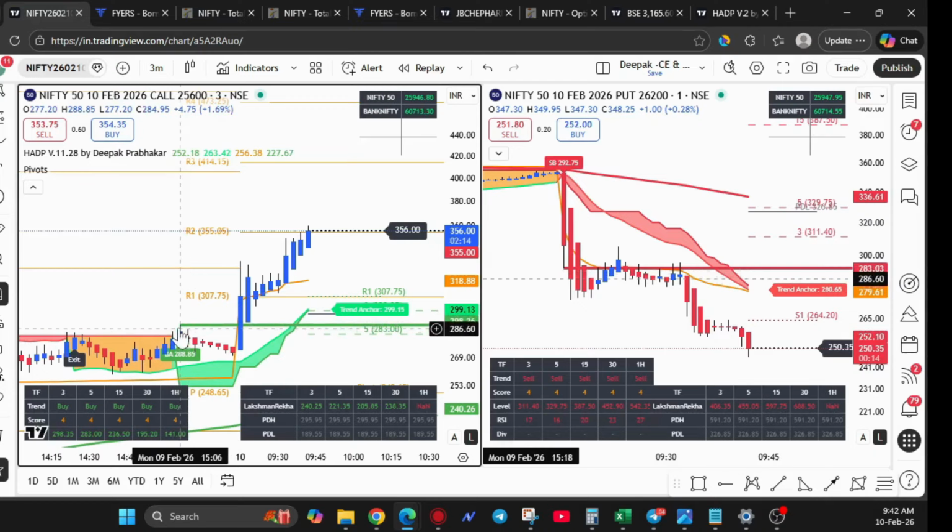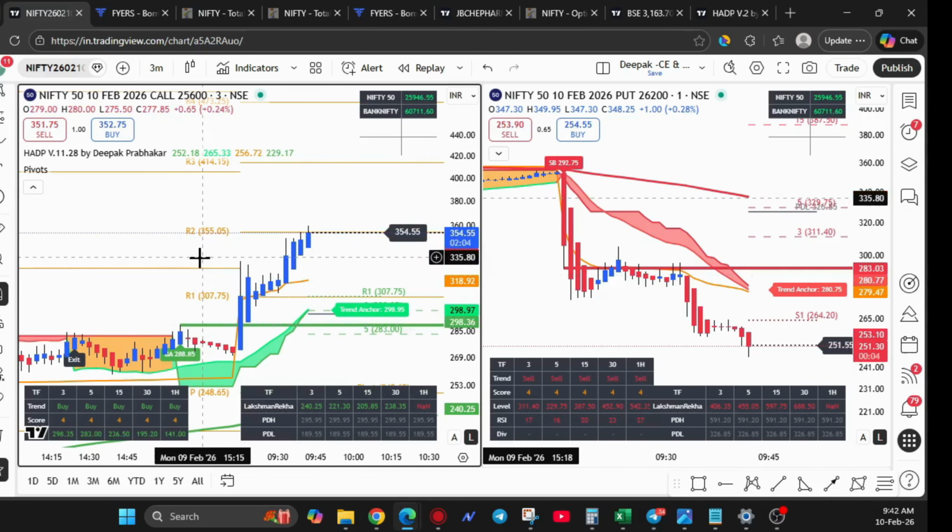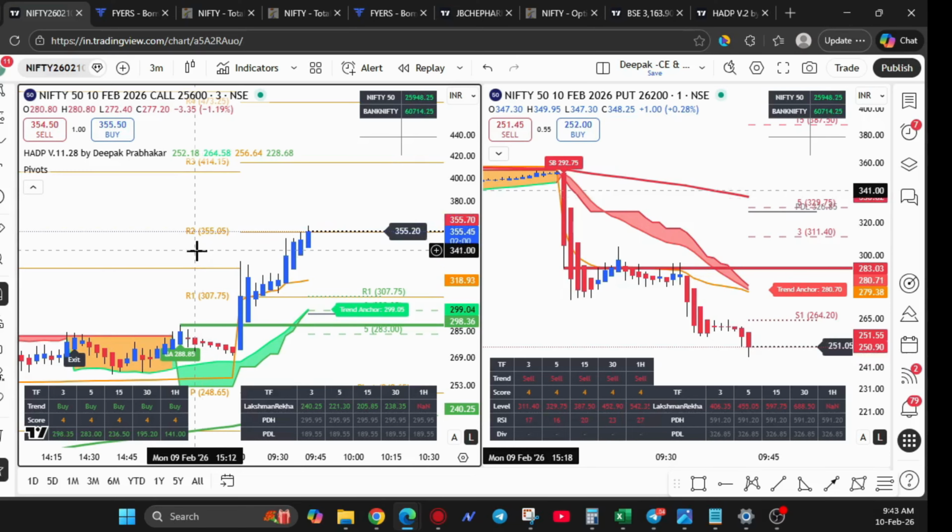Now that is because here it gave this buy at 288 at 3 o'clock in the afternoon. So that is why I posted that tomorrow is going to be a trending day, and as expected, we are now 78 points above yesterday's close.